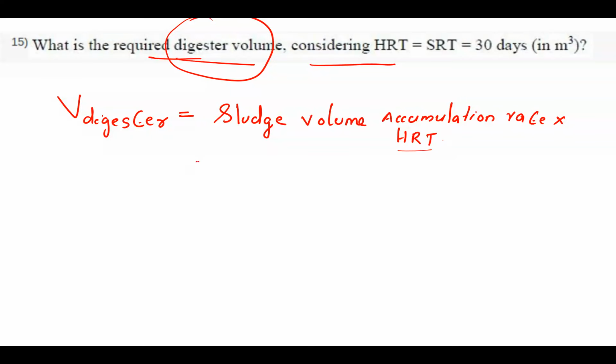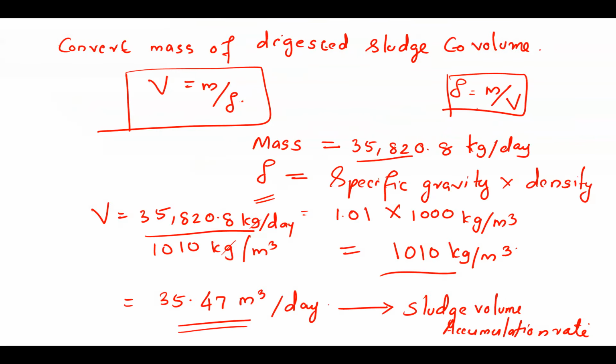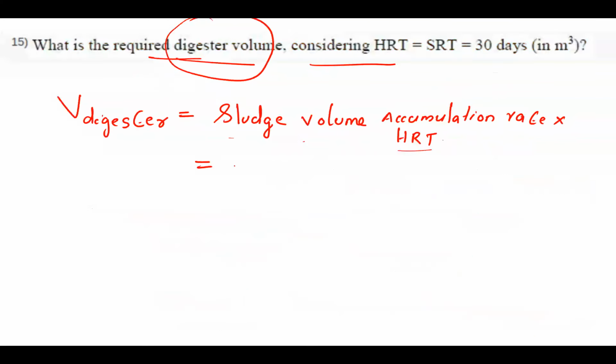So here we already calculated the sludge volume accumulation rate, right? What was the value? 35.47 meter cube per day, into 30 days.